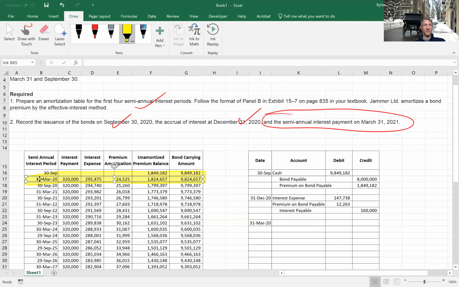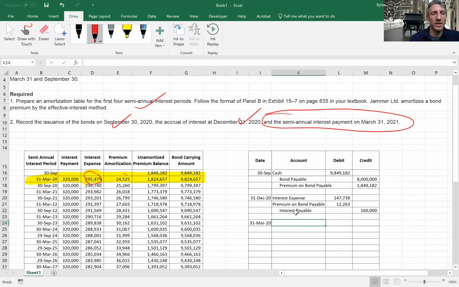We've already recognized an expense for half of that. We did 147,738 of it. And that reflected 3 of the 6 months of interest. So we've already recognized half of this interest.